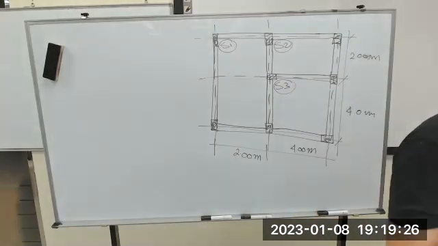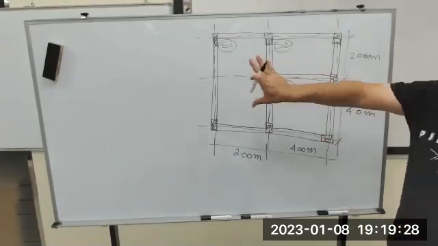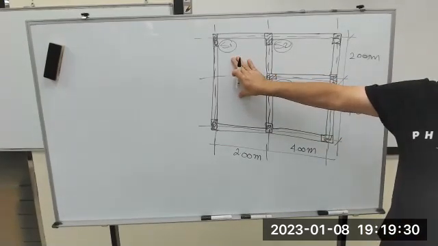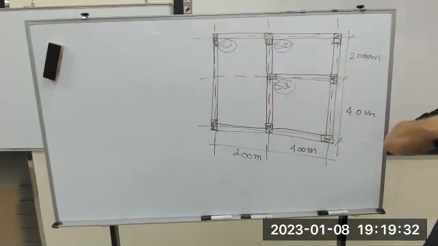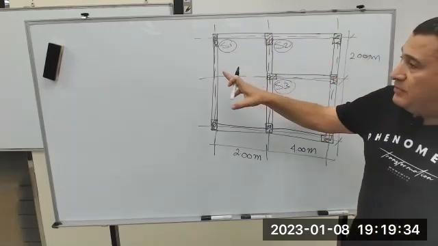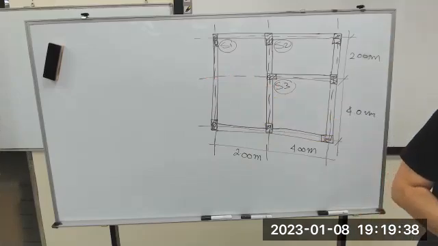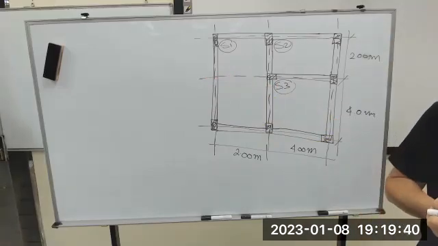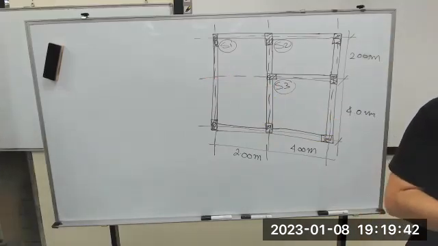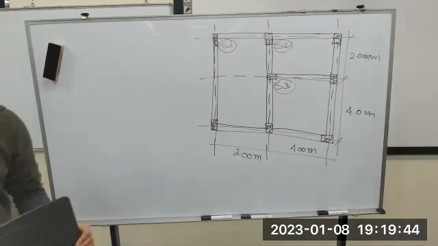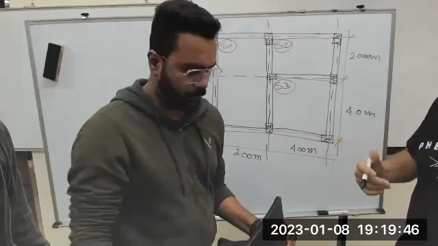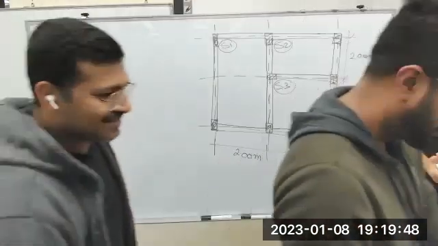How will our load in this slab transfer to the beam? Through what? Through a direction.